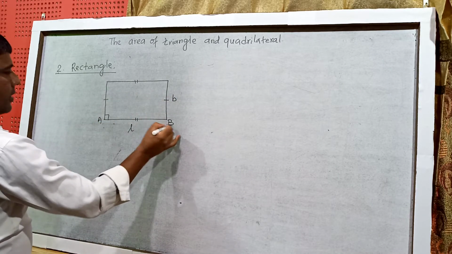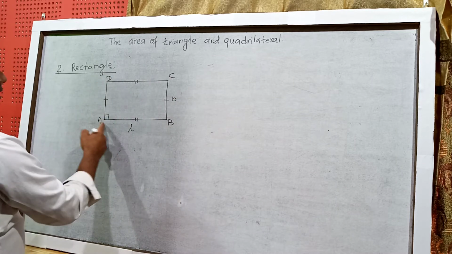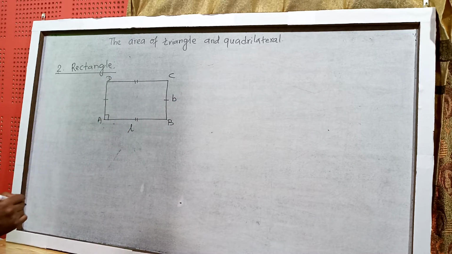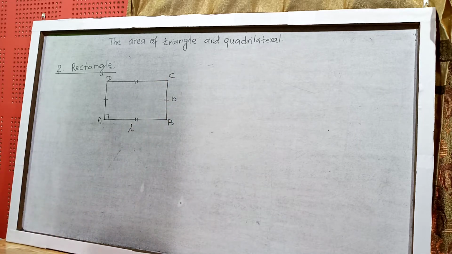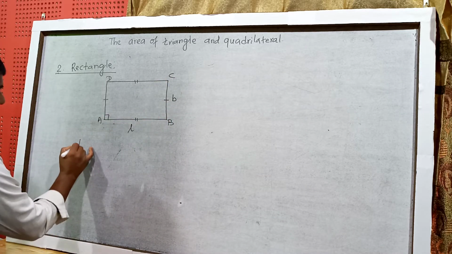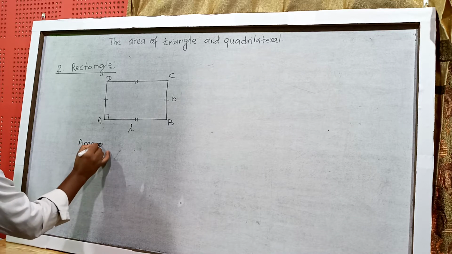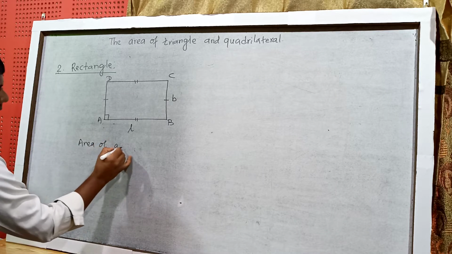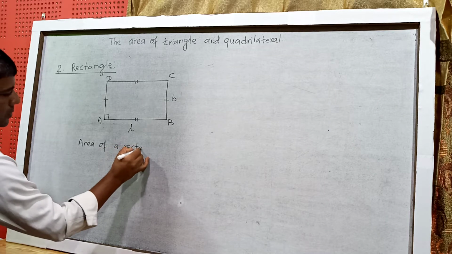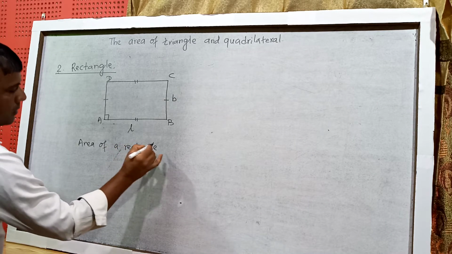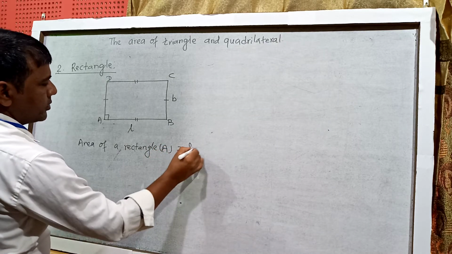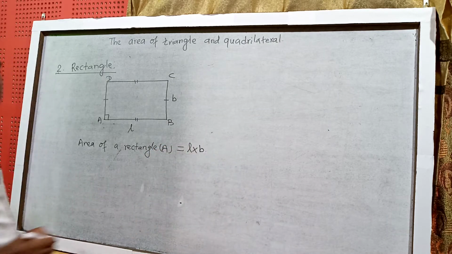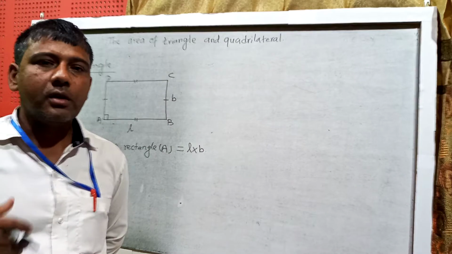In the rectangle ABCD, AB is the length and BC is the breadth. The area of a rectangle A equals L into B, length into breadth. In this way, we find the area of a rectangle.